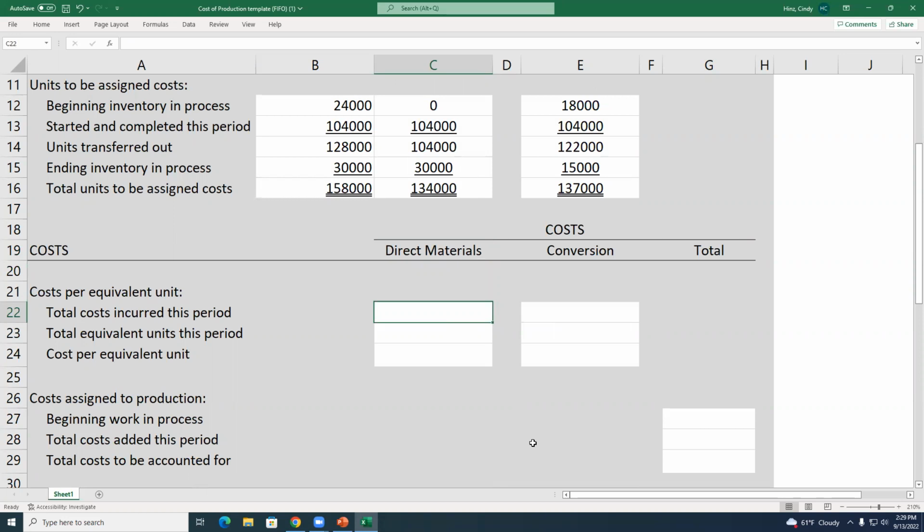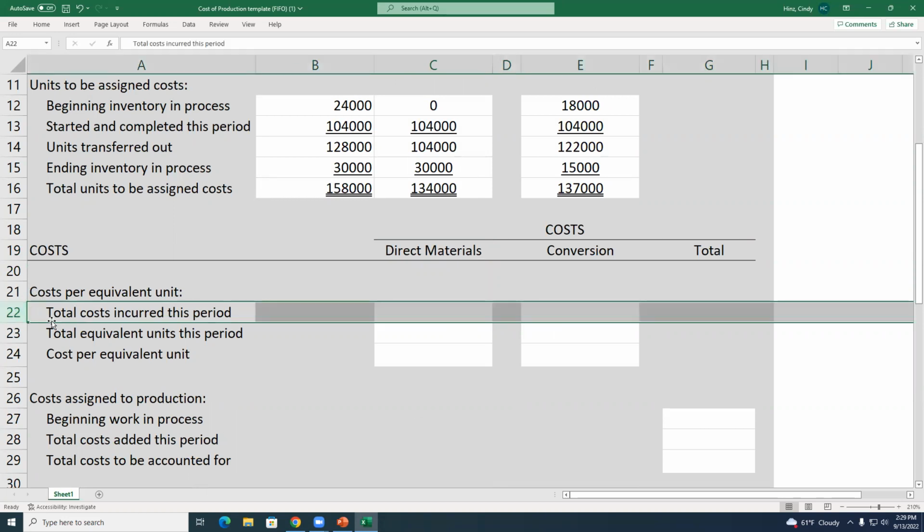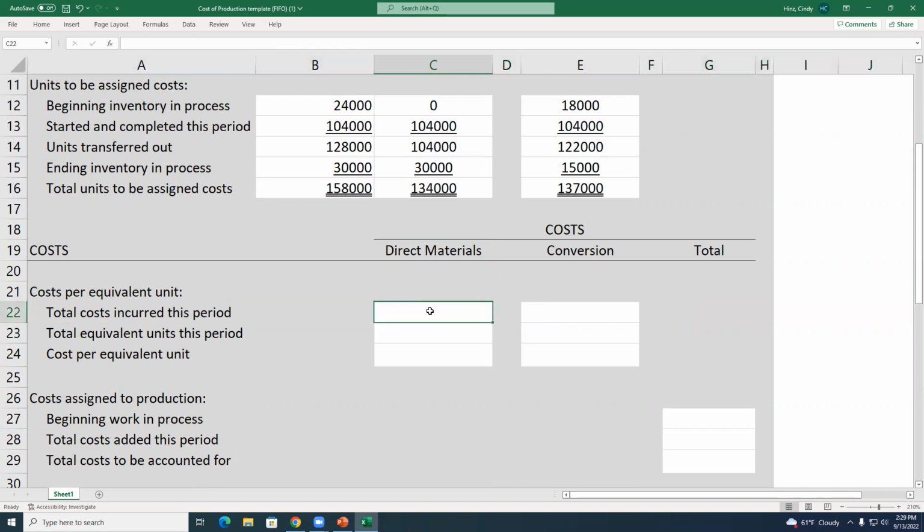This line 22, where I am right now, the heading says total costs incurred this period. This is the first time we have seen dollars. So steps 1 and 2 are units only. Now we're bringing in the dollars. So total costs incurred this period for direct materials.